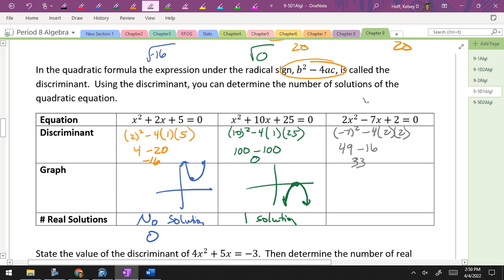Now, when I take the square root of 33, what am I going to get? A decimal, right? And one time I'm going to add that decimal, and one time I'm going to subtract that decimal. Guess how many different answers I have? 2. I have 2 solutions. If I have a graph, that means my parabola hit that x-axis twice.